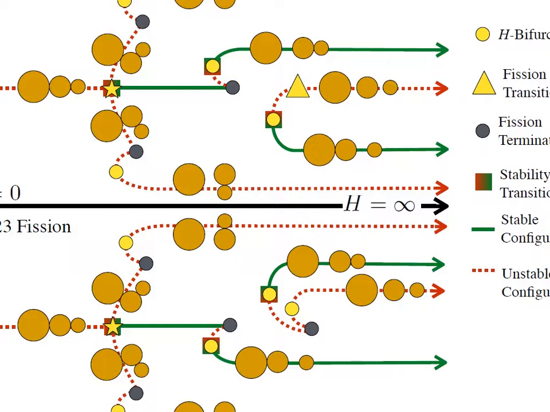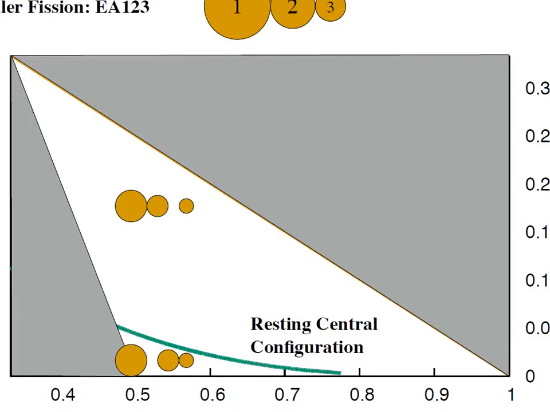So this is a very complicated chart. If we just want to focus on that transition, we can represent that very easily in our canonical triangle, where this is M1 and this is M3, and this measures M2 again. And what we find is, depending on the values of M1, M2, and M3, how the system fissions actually changes. And in fact, there's a special line where this actually becomes a central configuration when you spin it at the appropriate rate.